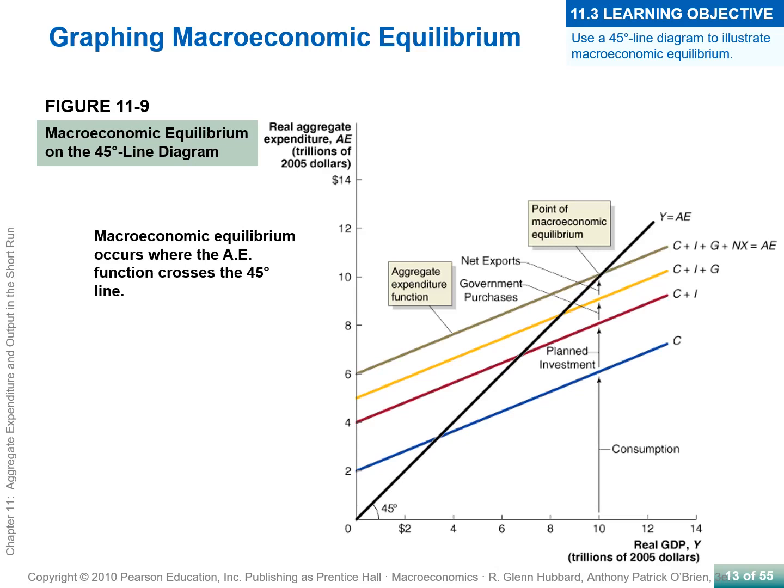The same rings true here for government spending. That gap is the same all the way through. And then lastly, it rings true for net exports as well because it's the same width here and the same width here. So that gap being the same implies that net exports, investment, and government spending are all exogenous.